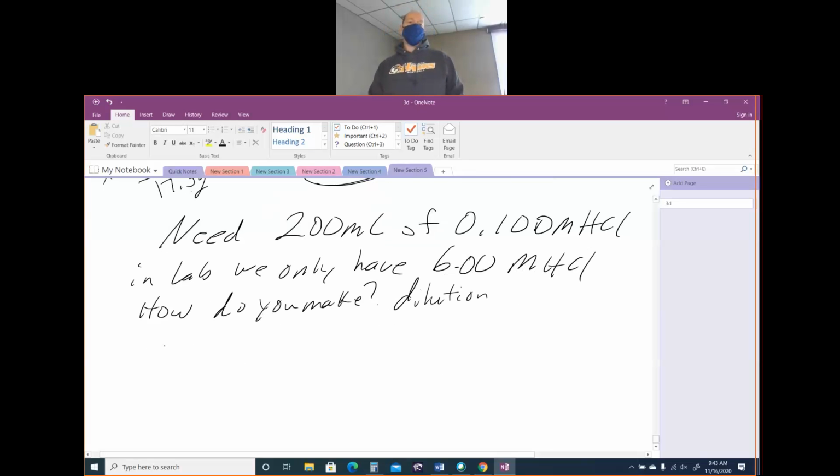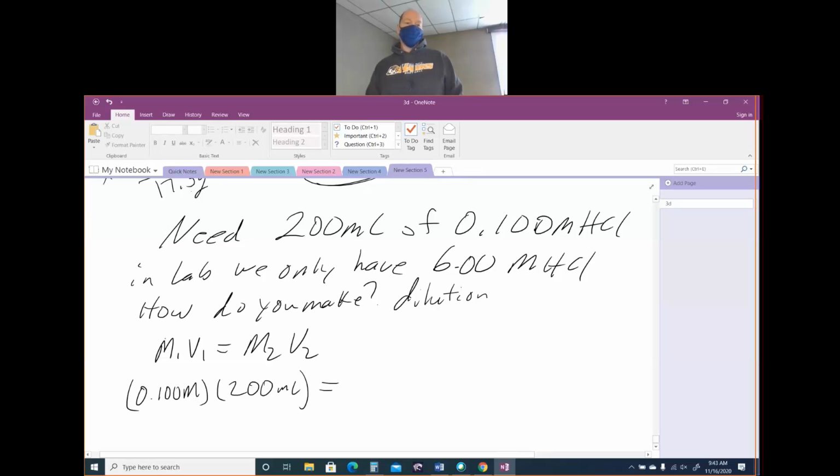All right, and so when you have a dilution, molarity 1, volume 1 is equal to molarity 2, volume 2. Molarity 1, we have 0.1 molar, and volume 1, 200 mils. Now, molarity always has the same units, moles solute per liter solution.